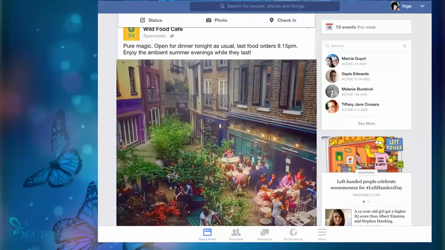And this I wanted to show you, the Wild Food Cafe. It's sponsored. It's a picture of real situations. This is a yard next to the cafe, and it's so colorful, but it's natural colors, and it's buzzing, and it just shows what is going on there.